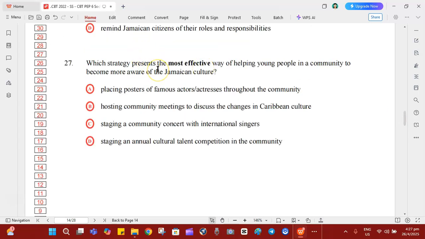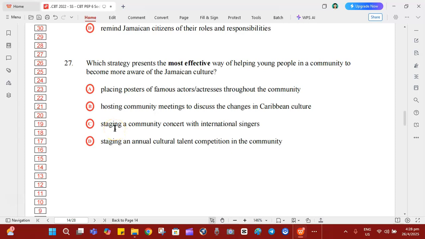27. Which strategy presents the most suitable way of helping young people in a community to become more aware of the Jamaican culture? All right. A says placing posters of famous actors and actresses throughout the community. B, hosting community meetings to discuss the changes in the Caribbean culture.